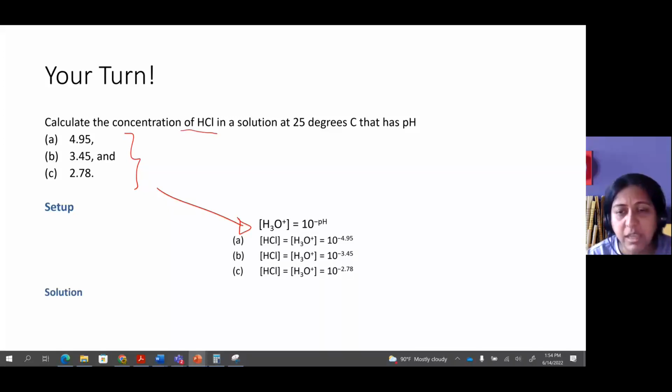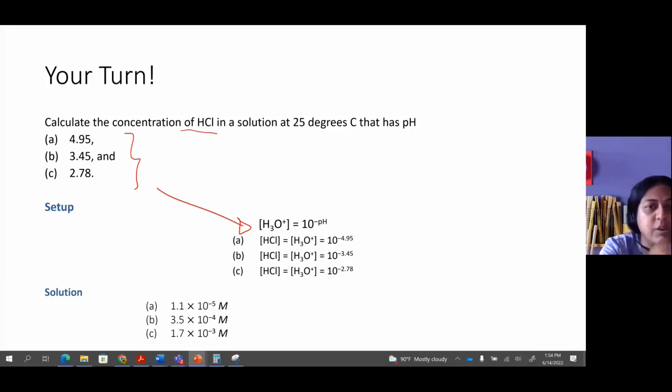We got those concentrations, and they are equal to the initial concentration of the HCl.